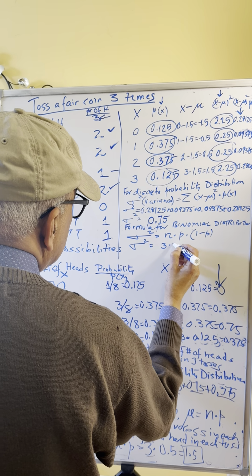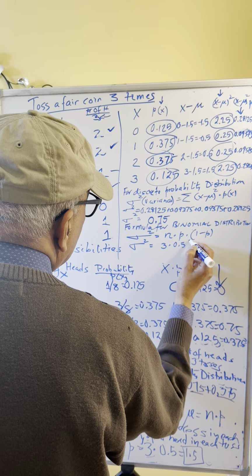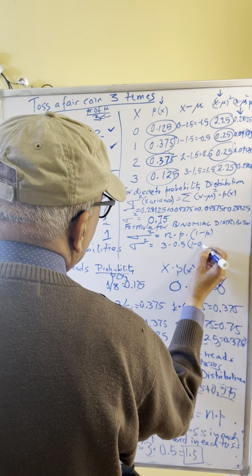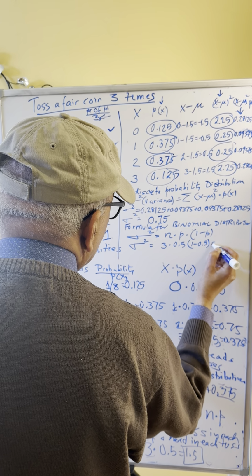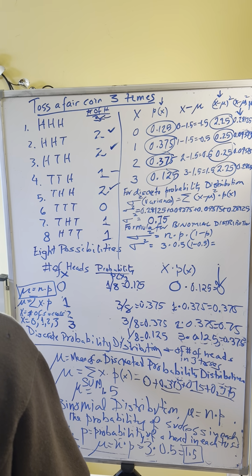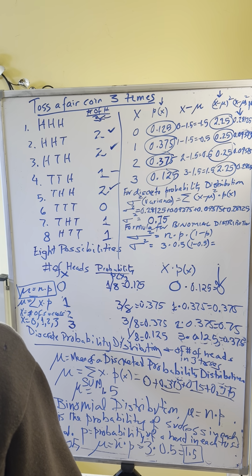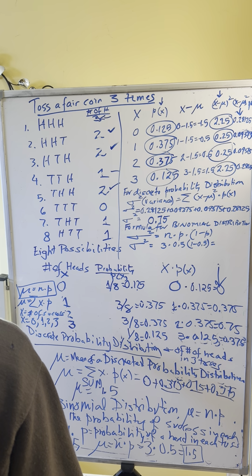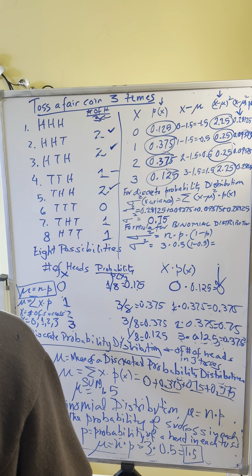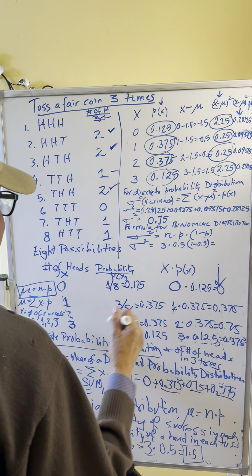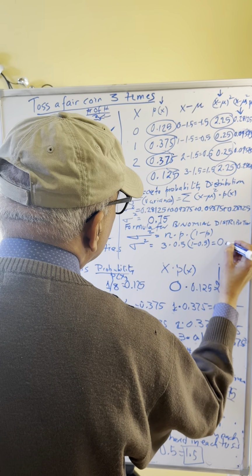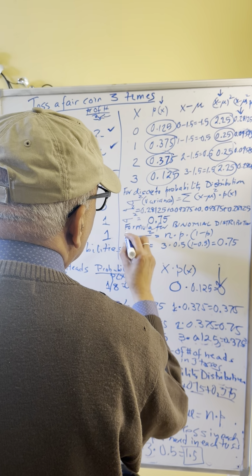The probability of success in each trial is 0.5, and that is multiplied by 1 minus 0.5. Let's see how much that is. It is 3 times 0.5 times (1 minus 0.5), and indeed that is 0.75.